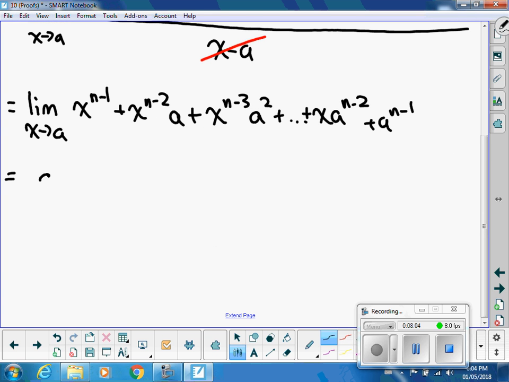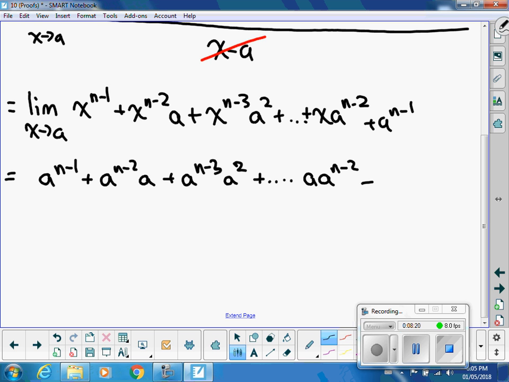So this expression becomes a to the n minus 1 plus a to the n minus 2 times a plus a to the n minus 3 times a squared plus, and so on, up to a to the n minus 1. Let's start simplifying those exponents.